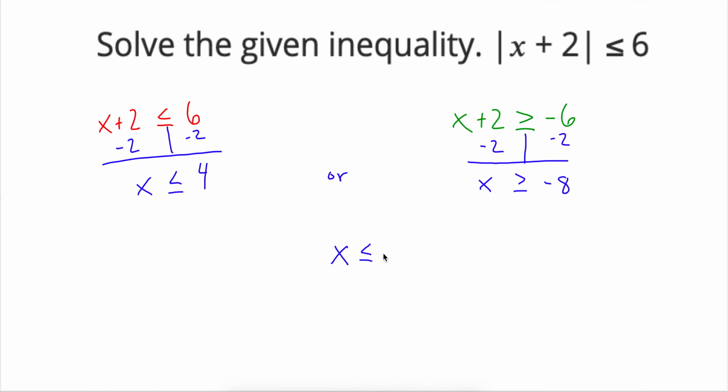Is that true? Well, you can check it on a number line. We're not graphing on this test, but you can do it. If I put negative 8 down here and 4 up here, let's graph it. We said x is less than or equal to 4. Less than or equal to is a closed circle, and it's going to go this way.